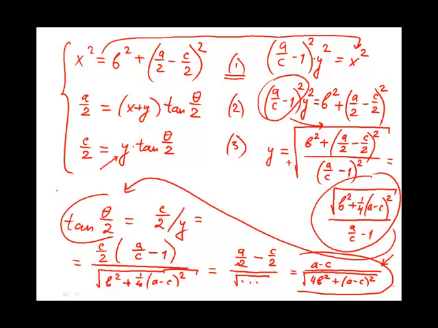This will be your tangent theta over 2. Then find what your theta over 2 is. Tangent of angle theta over 2 is that number. Find theta over 2 using a calculator. And then your theta will be 2 times what you have found.